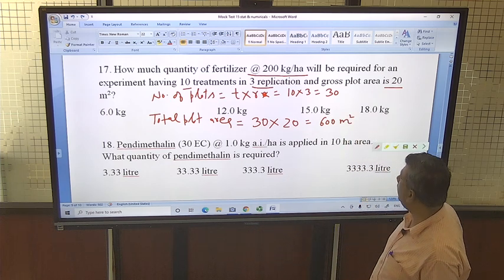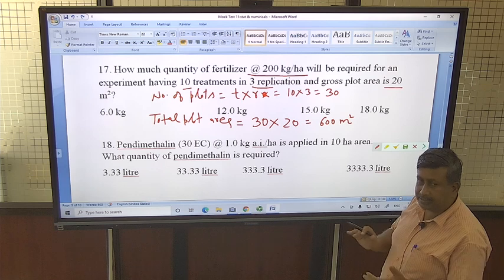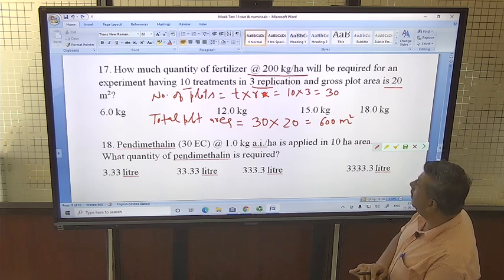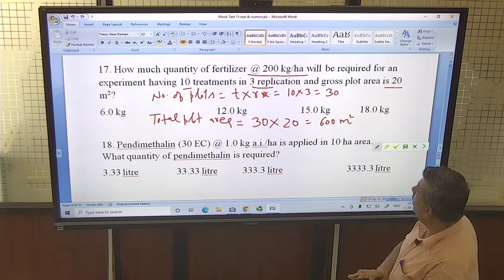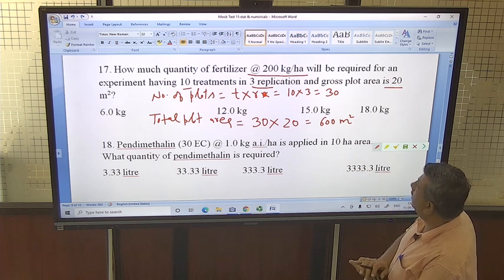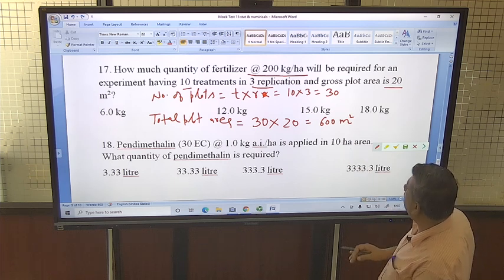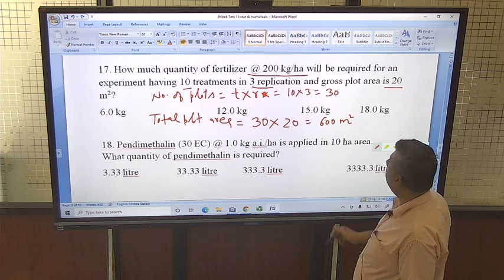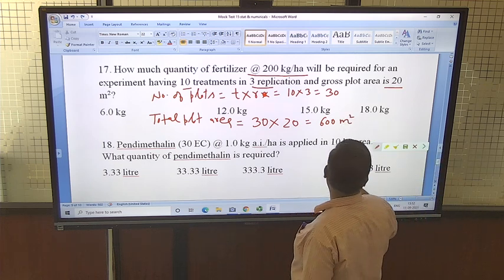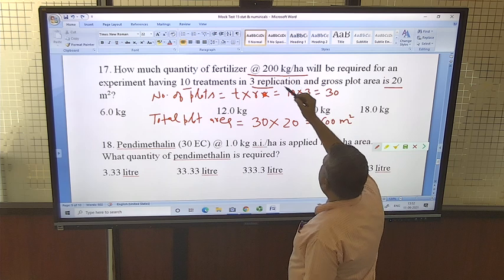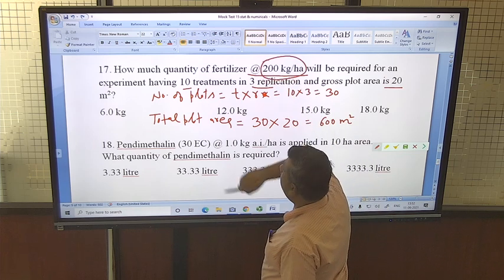So there is a 600 square meter area and we have to apply fertilizer at the rate of 200 kg per hectare. So how much is required? The rate is 200 kg per hectare.